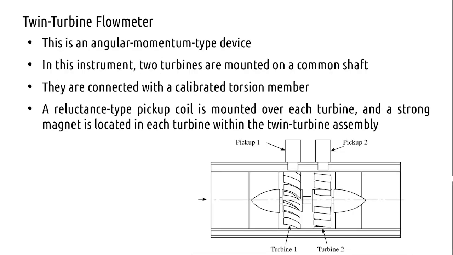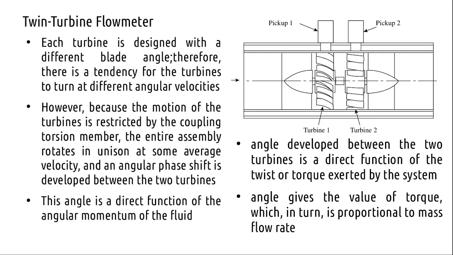That explains the concept. So you are trying to restrain the flows of these two, and even though they are designed with different fan blade angles, because of this torsion bar they are going to rotate at some constant angular velocity.